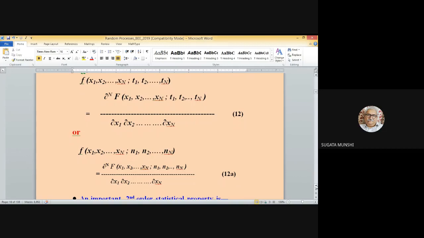An important second order statistic, I have just pointed out that you will also have the second order joint moments. All right, so what is the most important second order joint moment? It is the correlation of the two random variables under consideration.